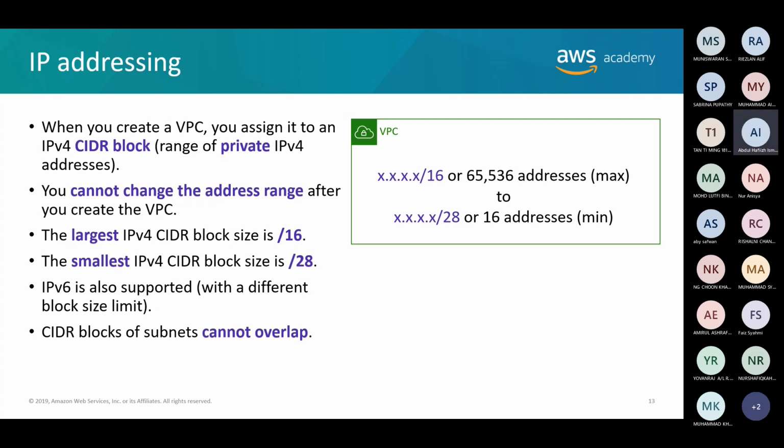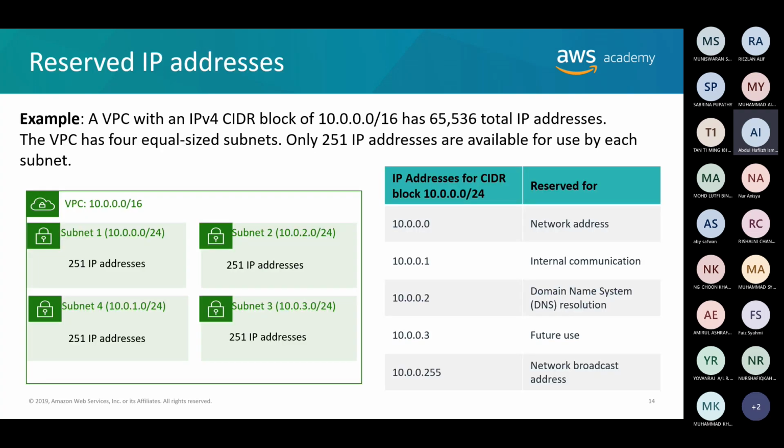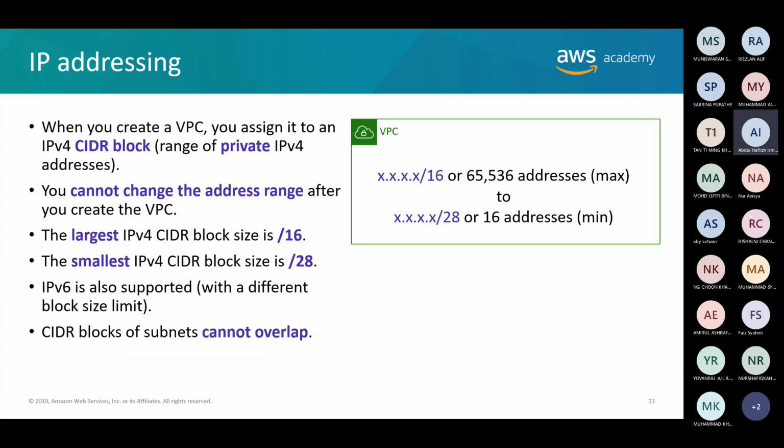The IPv4 CIDR block might be as large as /16, which is 2 to the power of 16, around 65,000 addresses, down to /28, around 16 addresses.